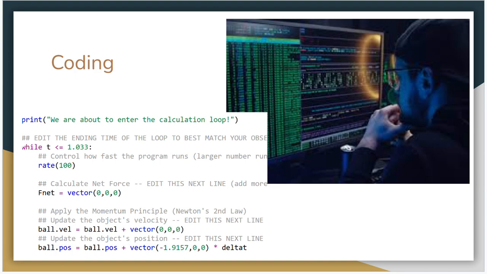And in the object position update formula, we had our initial velocity as negative 1.9157, because we graphed our data, and that was the slope of the position versus time graph, which shows about how fast it was moving.